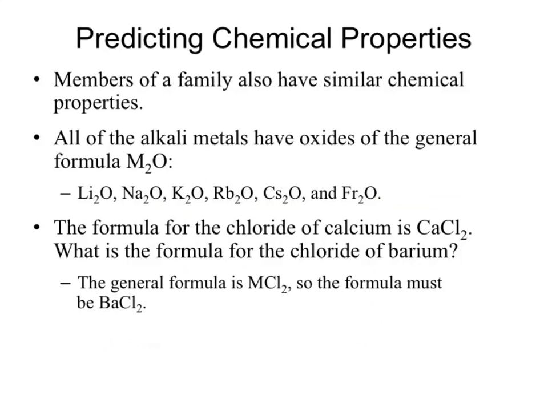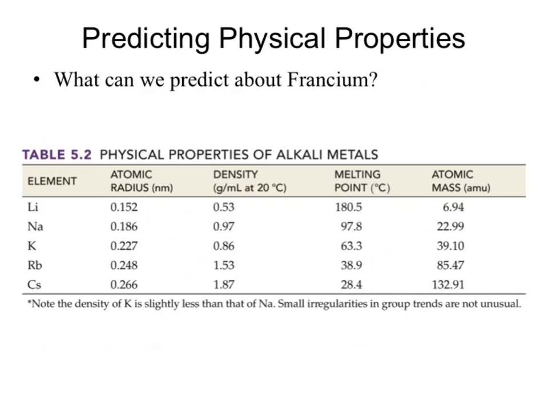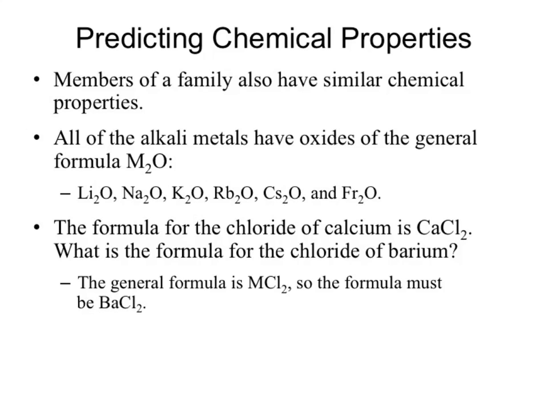Okay? So let's take a look at another option. If we've got the formula, oh man, so much for covering up answers. Here, quickly, close your eyes. Formula for the chloride of calcium is calcium chloride. What's going to be the formula for the chloride of barium? So what we would do is look up where calcium is. It's in column number 2, or group 2. 1, 2, 3, 4th row down.